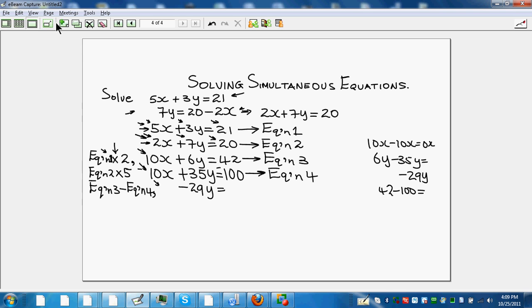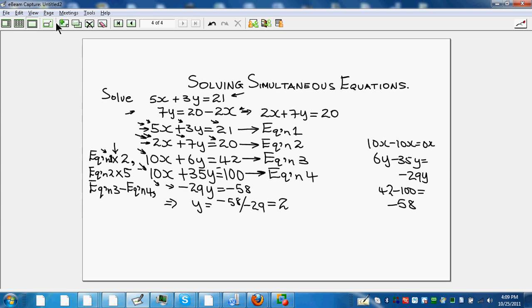And 42 minus 100 will give us minus 58. So right here we will put minus 58. So what we would have found therefore is that y would be equal to minus 58 divided by minus 29. We divided both sides of this equation here by minus 29. And we got what y is. Y works out to be 2.